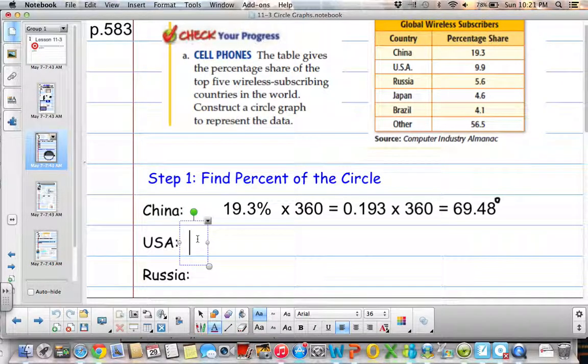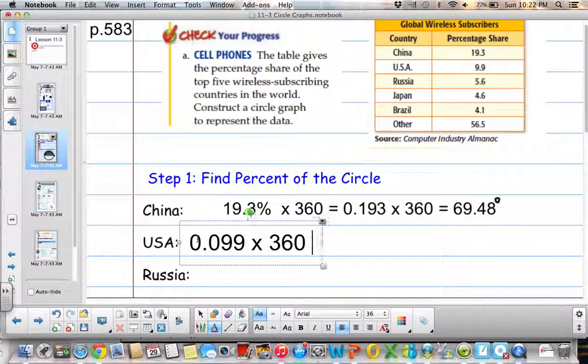Okay, so you're going to take each one. So USA, we would go 0.99 times 360. Oops, not 0.99, 0.099.